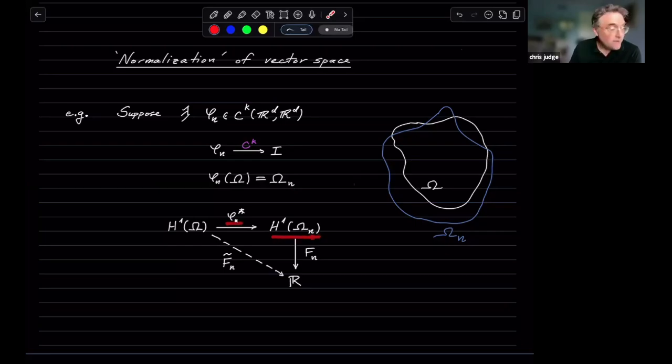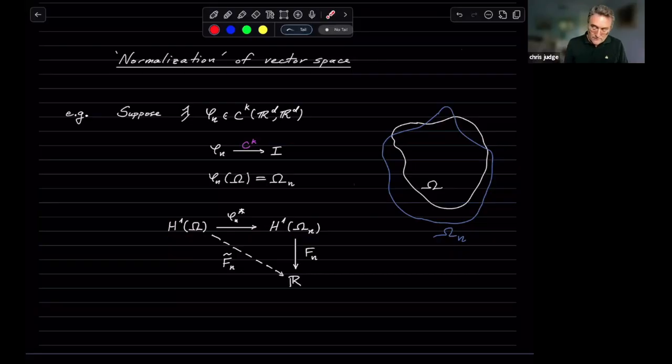All the H1 functions pull back, that is, you precompose by this diffeomorphism, which for large n is a diffeomorphism because I'm assuming it converges to the identity map. You can pull back H1 functions to H1 of Omega by this map, if it's suitably regular.